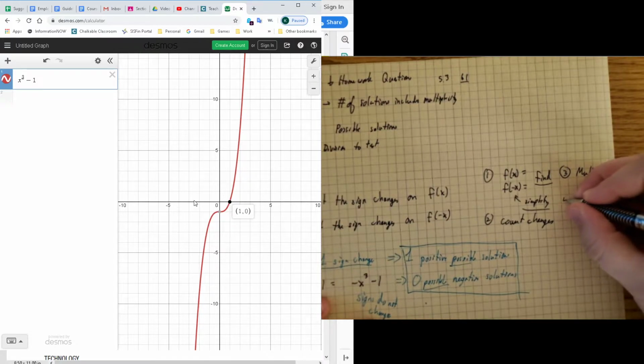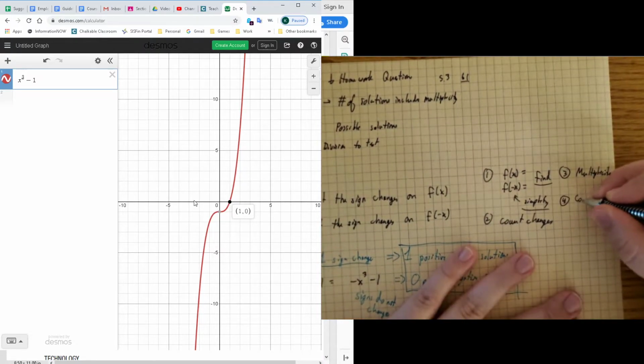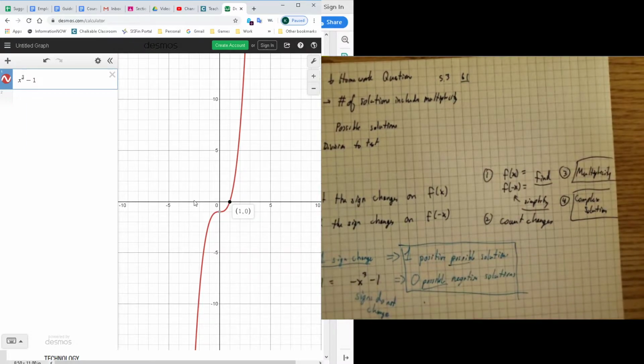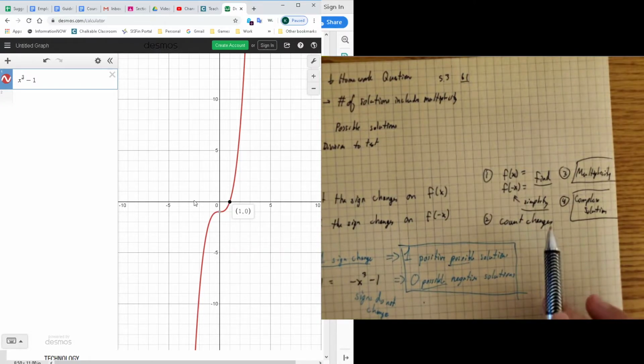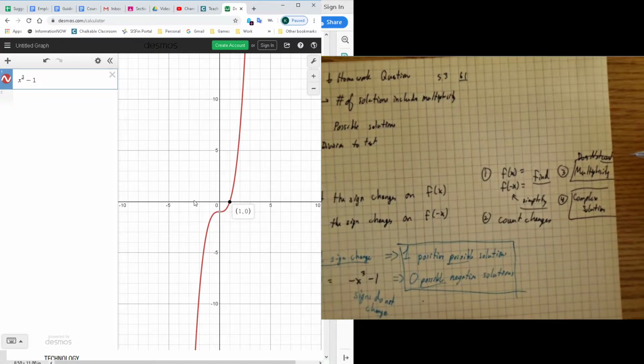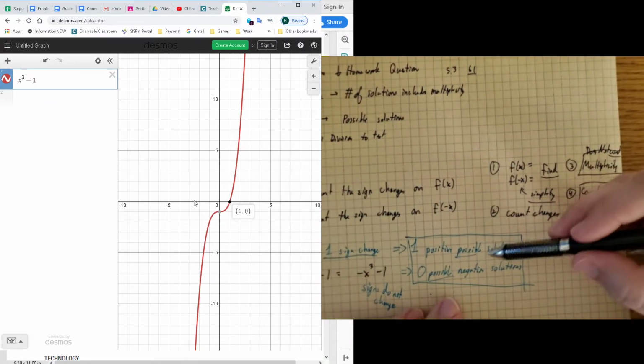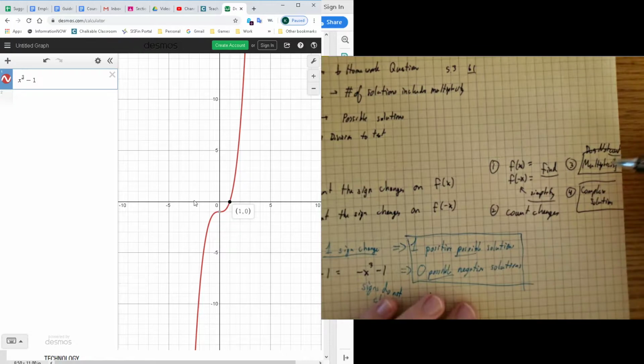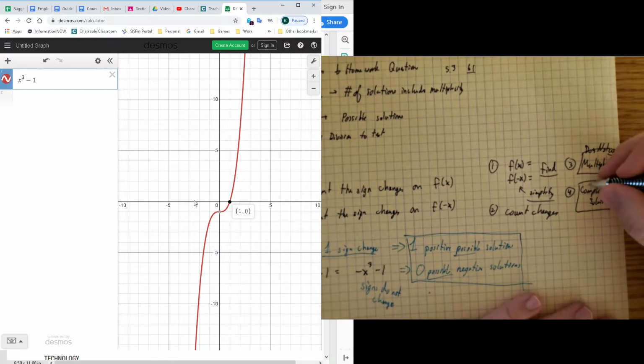And then next, it's possible there are complex solutions. Descartes' rule of signs will not tell you either one of these situations. It just won't. It tells you the possible ones because it does not account for multiplicity. It does not count multiplicity, meaning I could end up with a higher number than I should. It also does not count complex solutions.